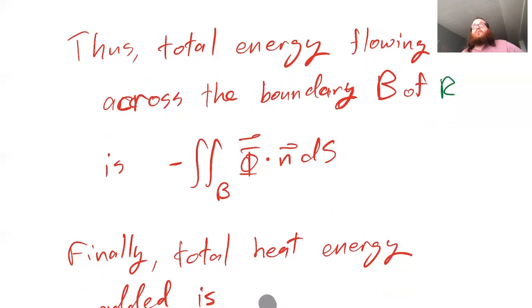If the change in total energy is negative, so we're losing energy, and there's no source that we have considered yet, then that means the flux is sending energy out of the surface.